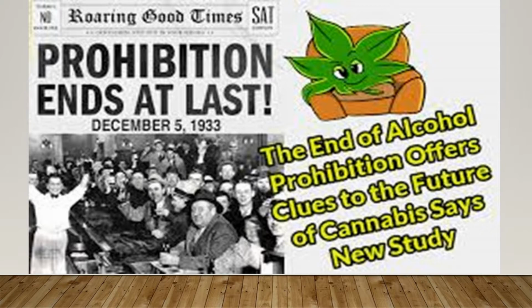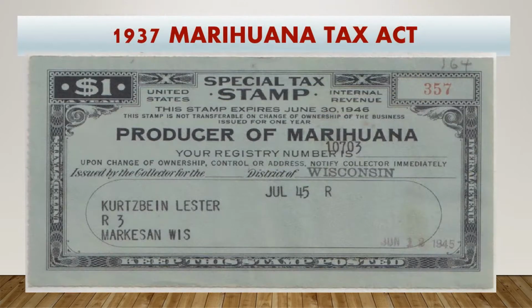That same year, 1933, the 21st Amendment to the U.S. Constitution repealed the 18th Amendment that ended the nationwide prohibition on alcohol. So, what happened? The focus turned to marijuana. 4 years later, in 1937, Congress passed the Marijuana Tax Act.